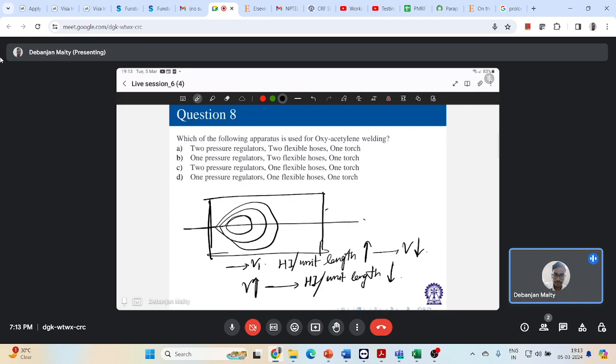So those defects can form if your welding speed is very high. So each and every time you need to optimize your process parameters to get a good bead appearance, right? So yeah.